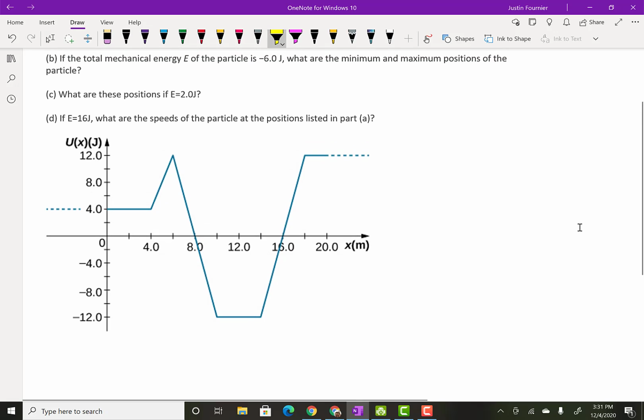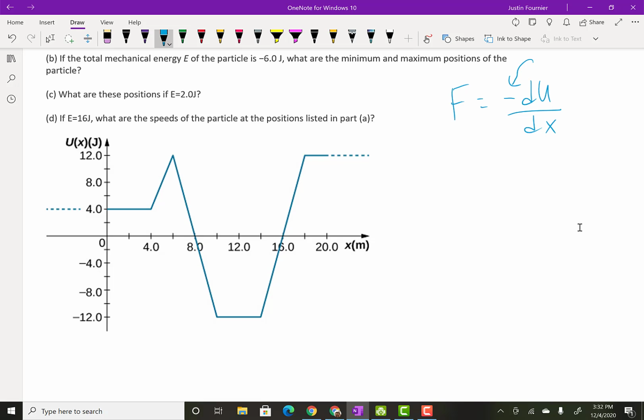So in order to get the force, I've got to go to that idea that the force, using a potential energy graph, is equal to the negative derivative of potential energy with respect to x. And that's the negative there.